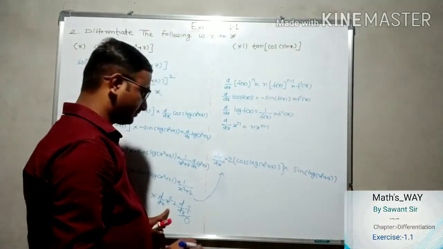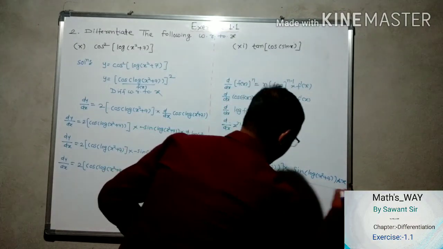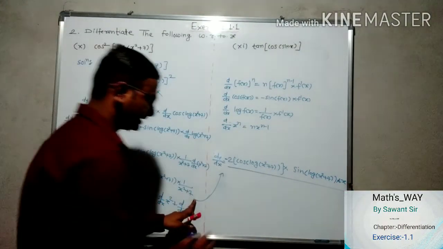So the derivative of x square is 2x, whole upon x square plus 7.